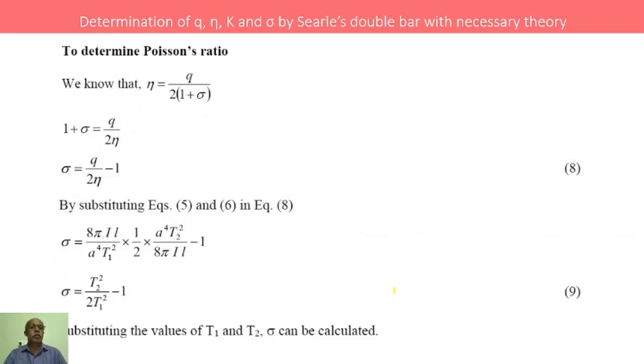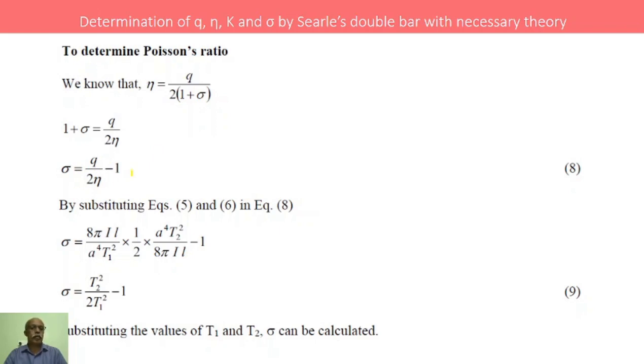Now coming to the Poisson's ratio, we have the expression for rigidity modulus in terms of Young's modulus and Poisson's ratio, that is eta is equal to Q divided by 2 into (1 plus sigma). Or rewriting this, we get sigma is equal to Q by 2 eta minus 1.